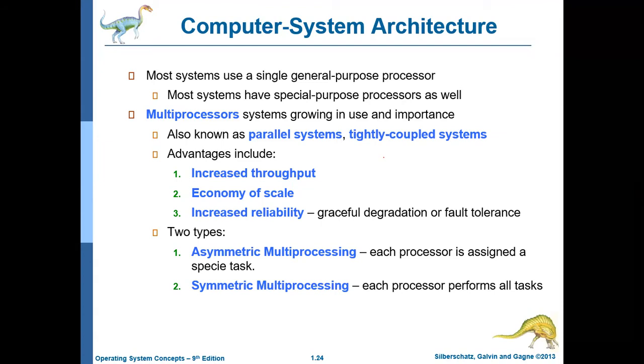Nowadays computers are coming with multi-core systems, even laptops or personal computers. But if you go back 8 to 10 years, most computers used to have only one processor. Such computers are called single general purpose computer systems.